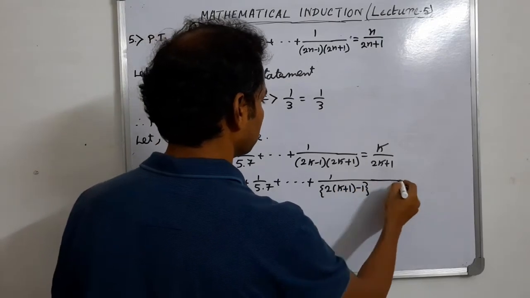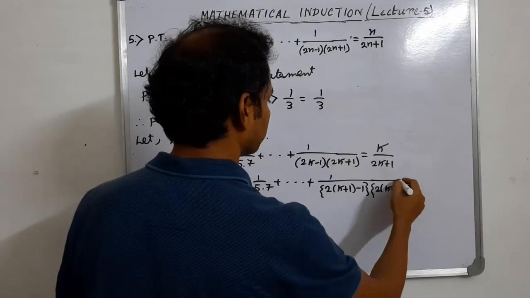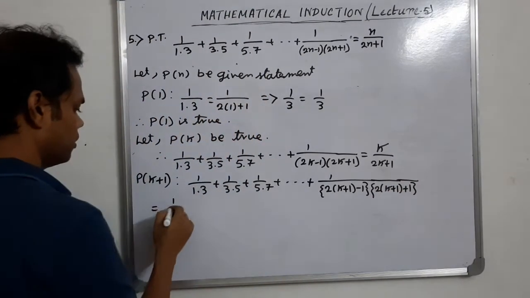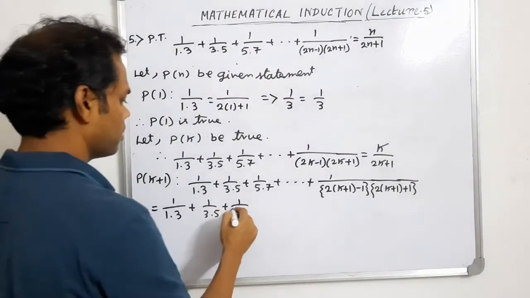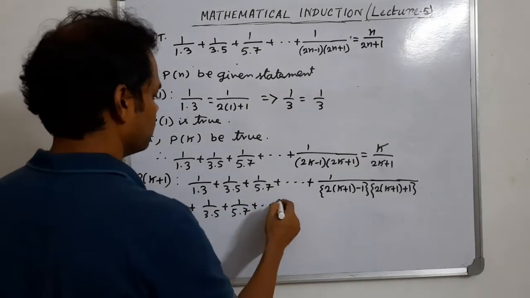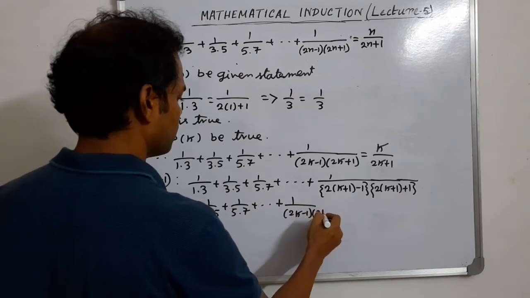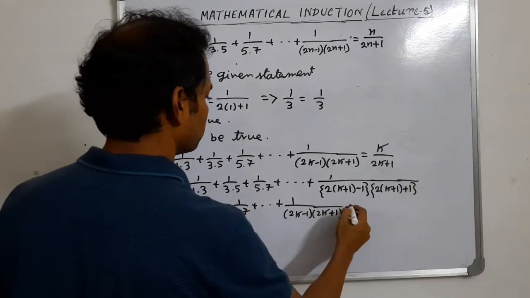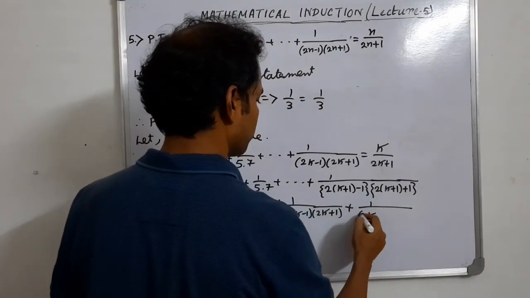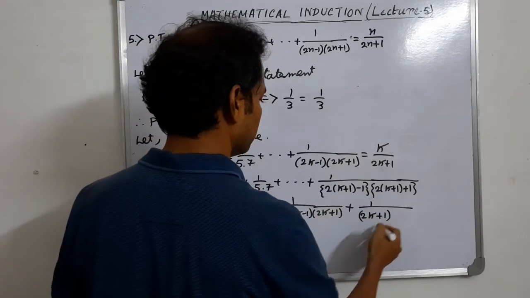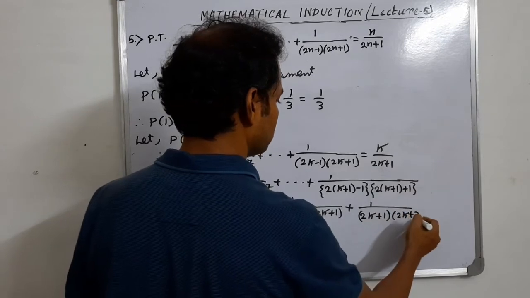That is 1/(1·3) + 1/(3·5) + ... + 1/((2k minus 1)(2k plus 1)) plus 1/((2k plus 1)(2k plus 3)).